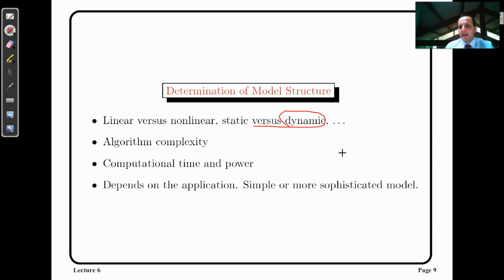Again, it depends on the application. Depending on your conditions, especially the hardware that you are using, this can lead you to select simpler or more sophisticated models. I cannot say in general which is the best one; it depends on your application area.